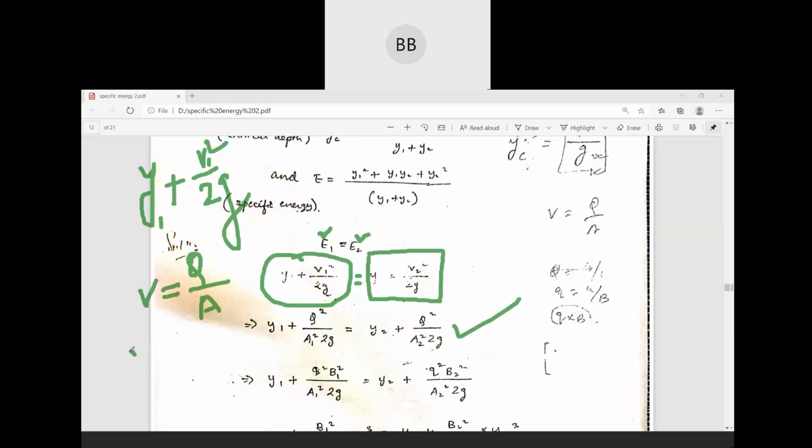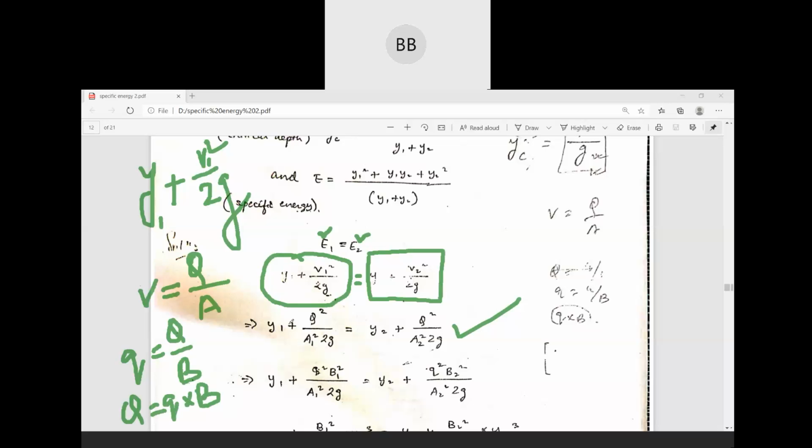And if you remember, our small q is nothing but discharge divided by width of the channel. So in place of discharge, you can also write small q multiplied by capital B, that is the width of the channel.